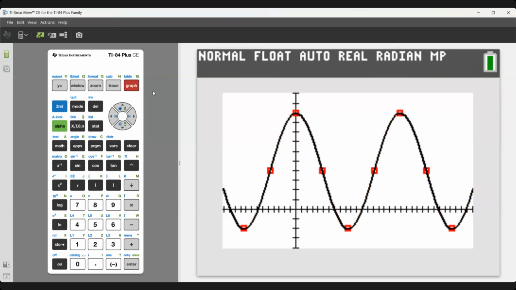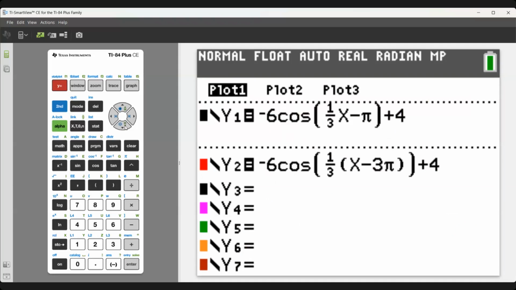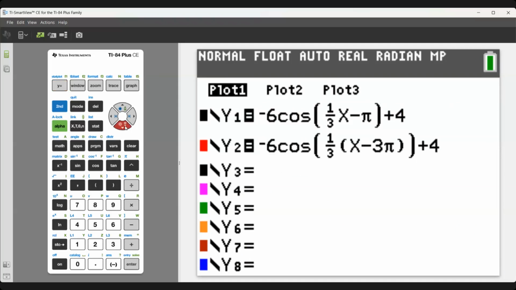And then a nice little touch that I like to show to students sometimes is, if we go to y equals, and we didn't show it here, but on Y3, Katie, can you type in the parent function cosine of x? And we won't graph this one, but maybe just turn that one off.